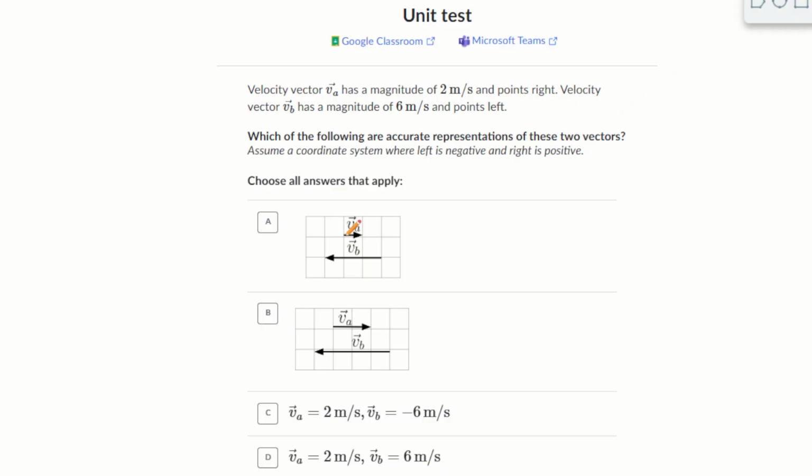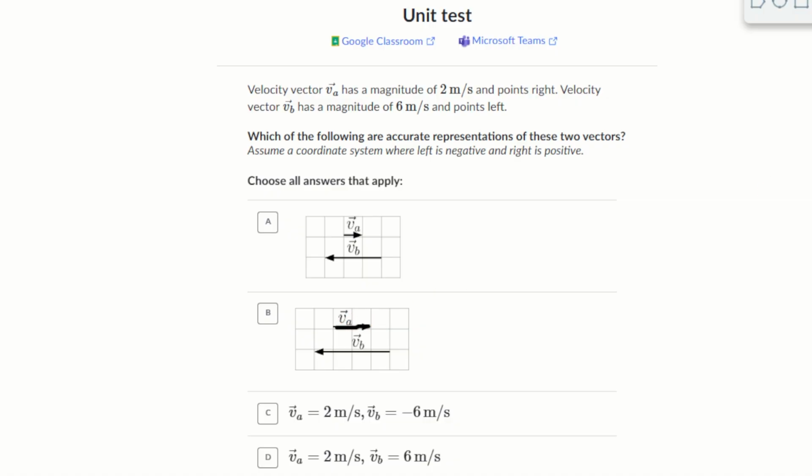So here we said VA is equal to 2. If VA equals 2, and one of these boxes is VA, that means each tick mark or each box has to be 2 long. But we can already see with VB that this would be 2, 4, 6, meaning that this could work as our choice.